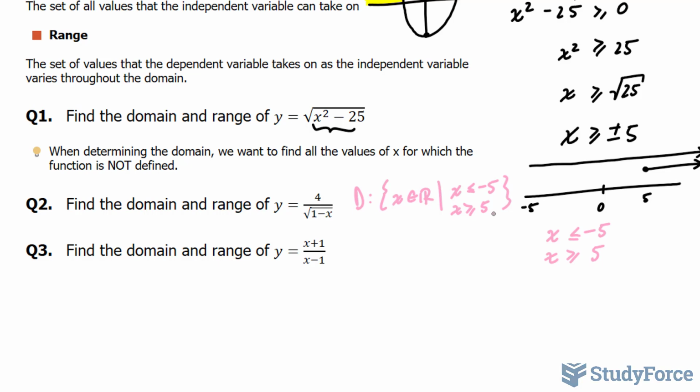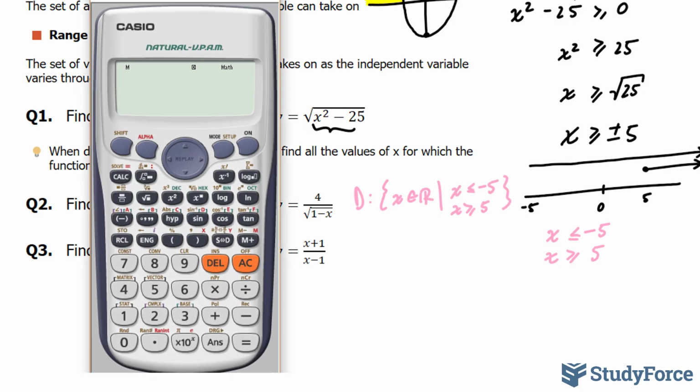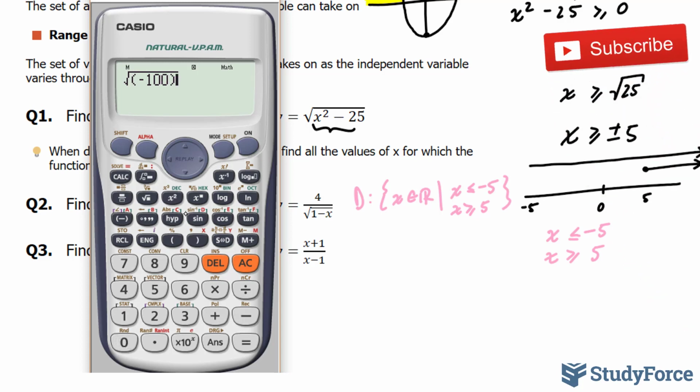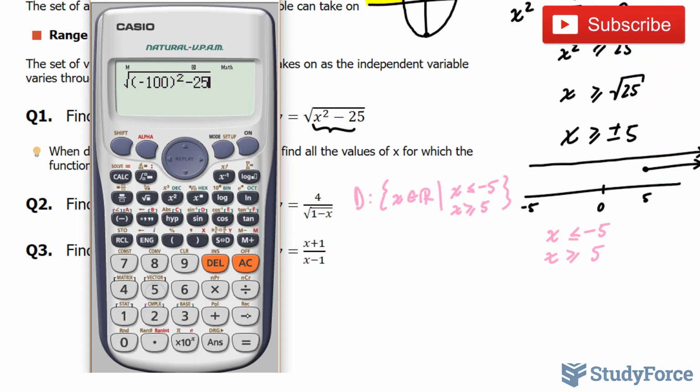To find out our range, we need to find out what happens when x is greater than 5, and we need to find out what happens when x is a lot less than negative 5. So let's go ahead and do that. Let's pick numbers for our equation where x is a lot more negative than negative 5. So let's say we had the square root of negative 100 squared minus 25.